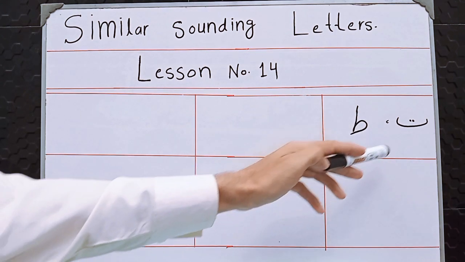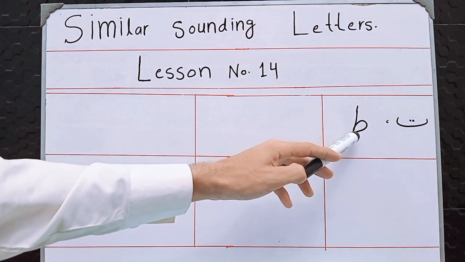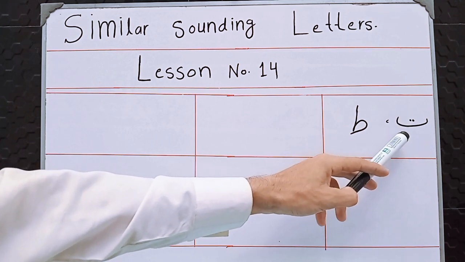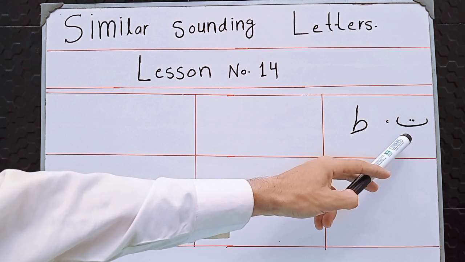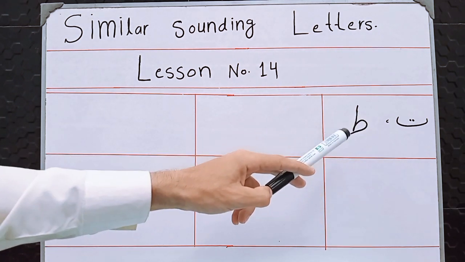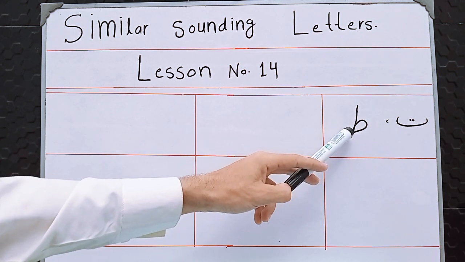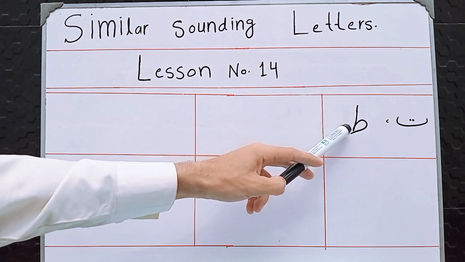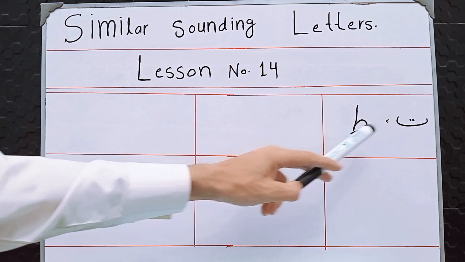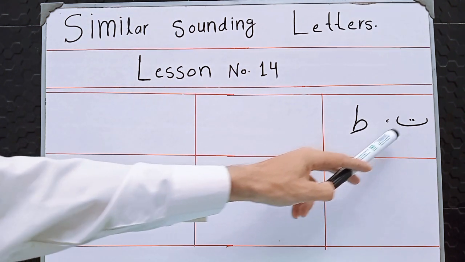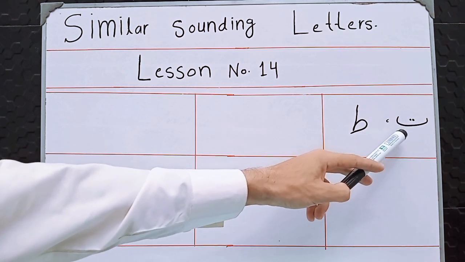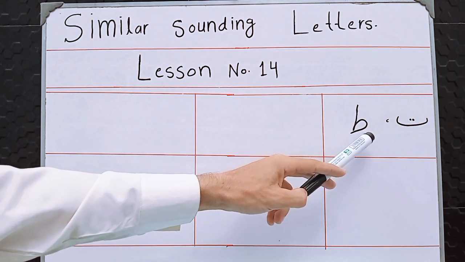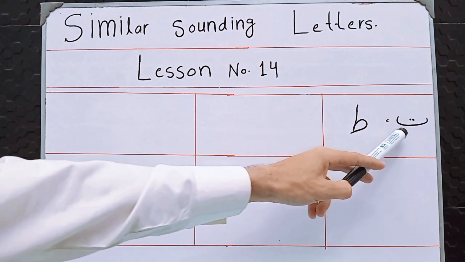But there is a difference between ta and to, because ta is pronounced with a little bit of light sound, like ta, and to is pronounced with a little bit heavy and bold sound, like to.